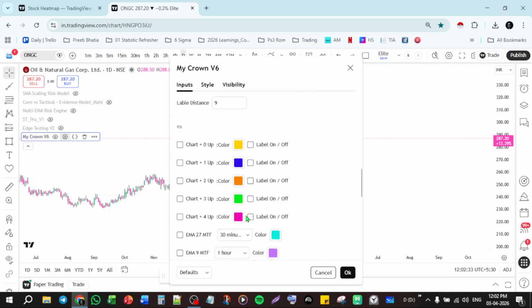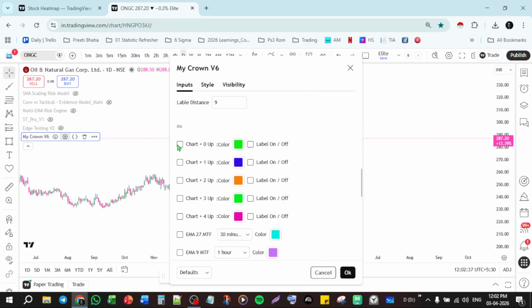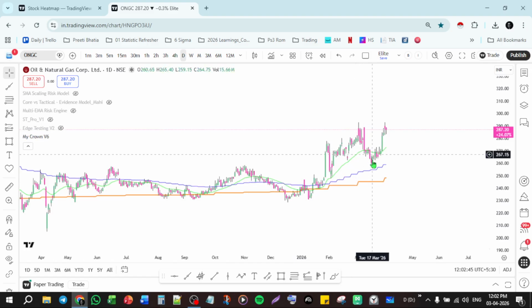Good. I need to now make this green again. So I'm going to check three colors. Excellent. It's about monthly, weekly, and daily. It came down daily, but did not cross weekly, so this was a good entry point. Now we need the price to come down somewhere here.